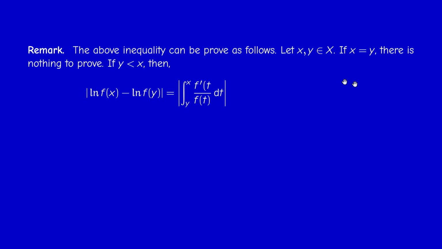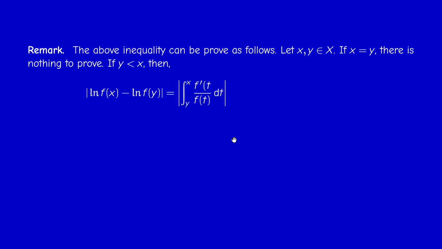If x equals y, then both terms are 0, and there's nothing to prove. If y is less than x, we write the integral from y to x of f prime of t over f of t. The antiderivative of f prime over f is ln of f, evaluated between y and x. This is the fundamental theorem of calculus.